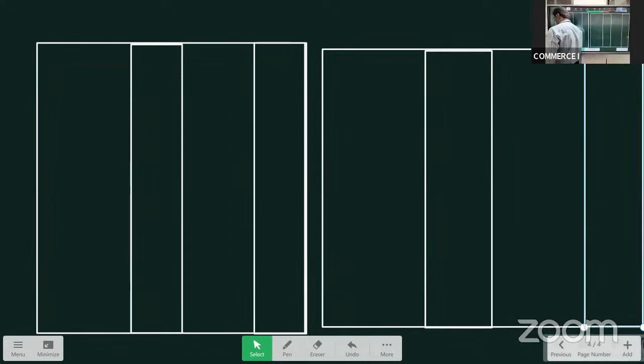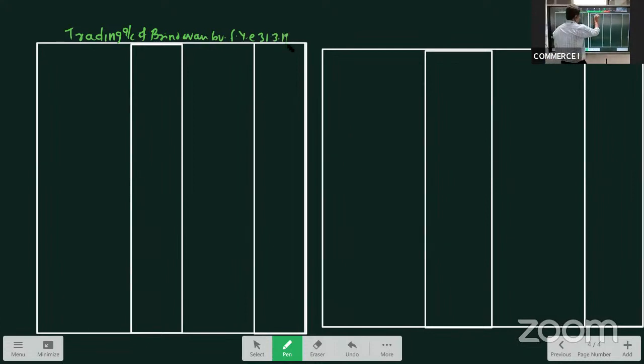Guys, we are ready with the format. The first one is trading account. What is the name of the firm? The name of the firm is given as Brindavan Business. We are preparing trading account of Brindavan Business for the year ended on 31st March 2019.